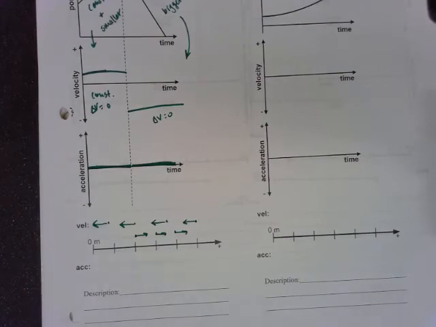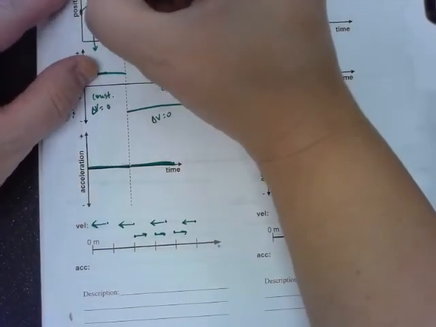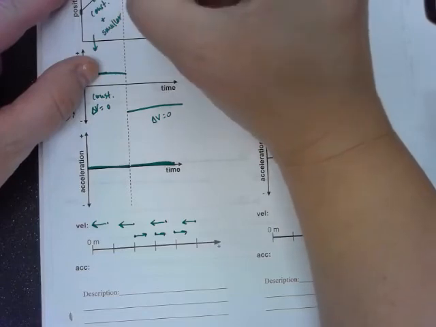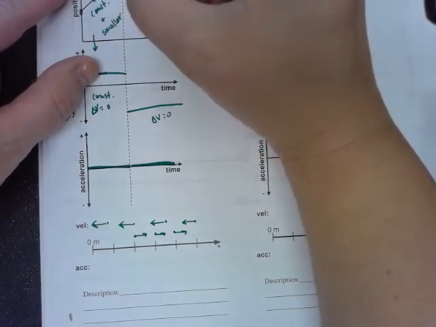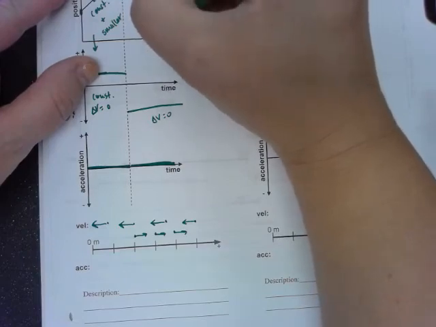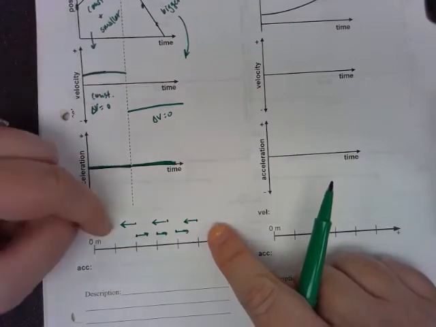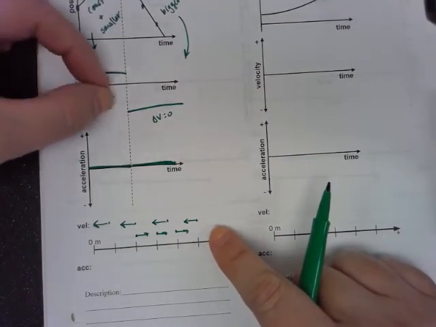That corresponds to the positions that I would have here. Just trying to eyeball my dots, right? So those dots kind of go with those dots. The length of my arrows kind of correspond to these heights.